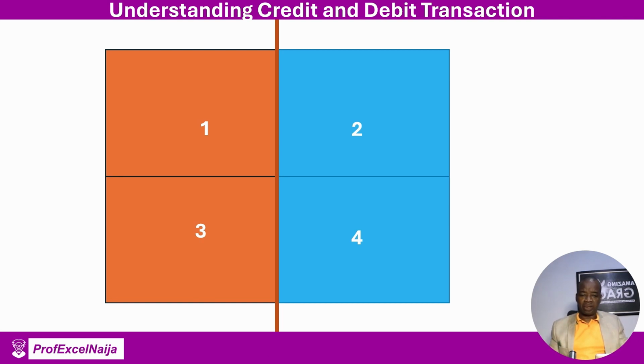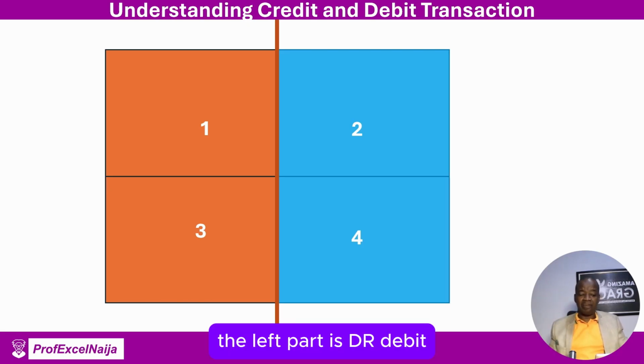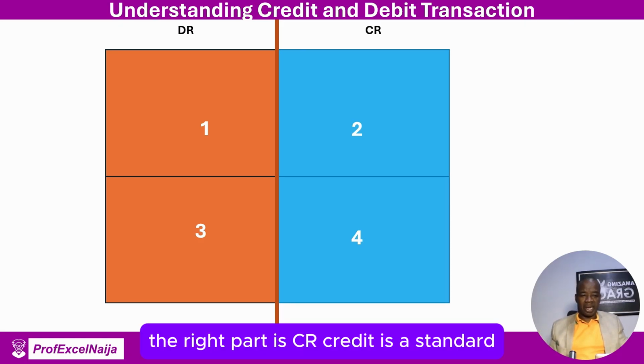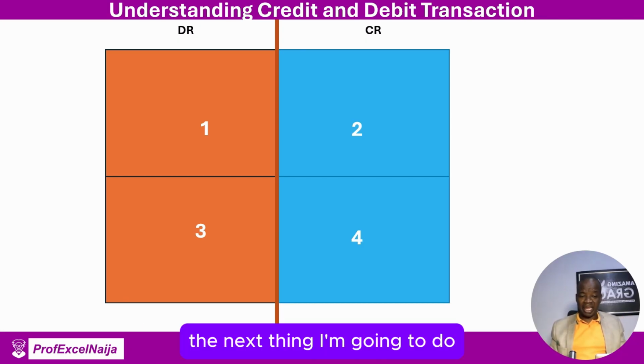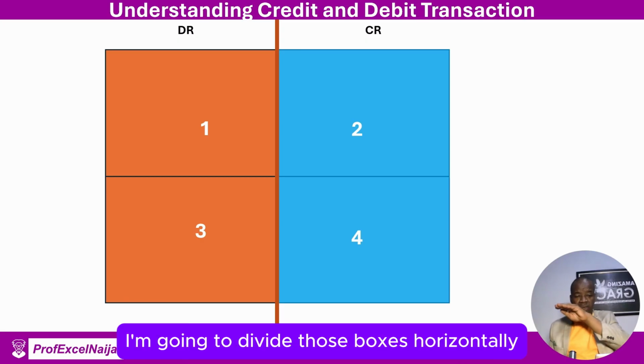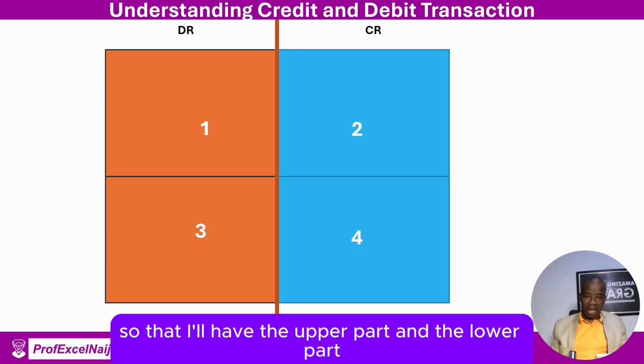In accounting, the left part is DR, debit. The right part is CR, credit. It's a standard. The next thing I'm going to do, I'm going to divide those boxes horizontally so that I'll have the upper part and the lower part.